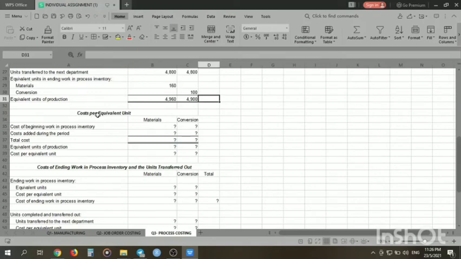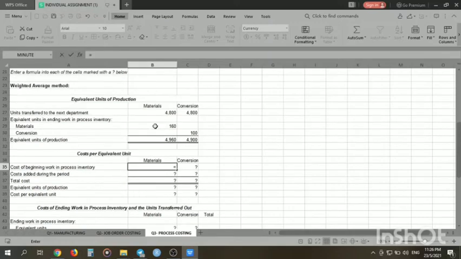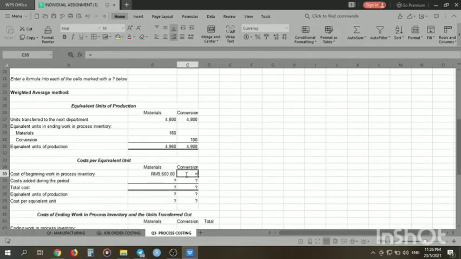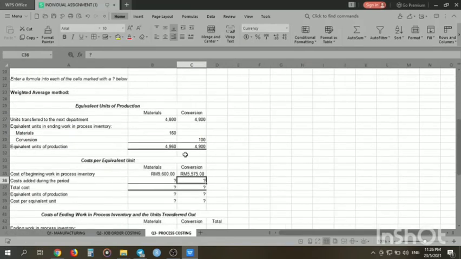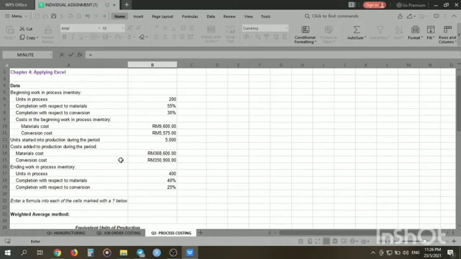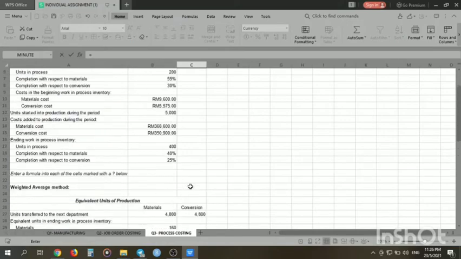Next, for cost per equivalent unit, cost of beginning work in process inventory for materials should be 9,600, and for conversion 5,575 ringgit. For cost added during the period, we only took the information from the data given for materials and for conversion costs.